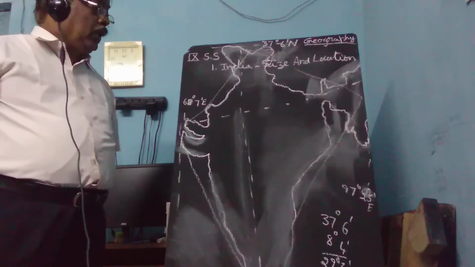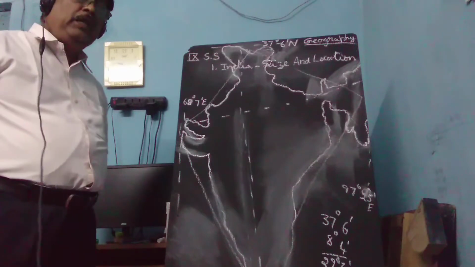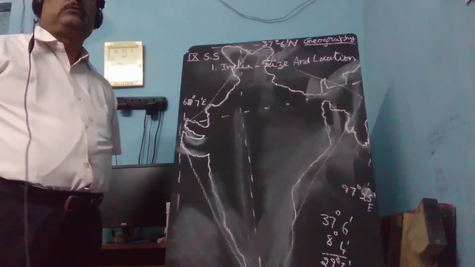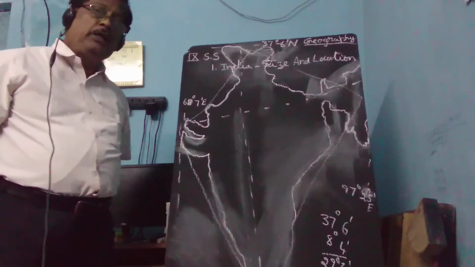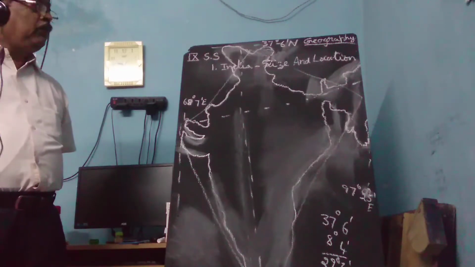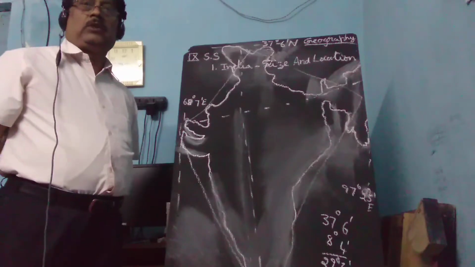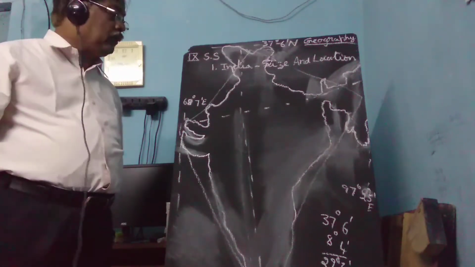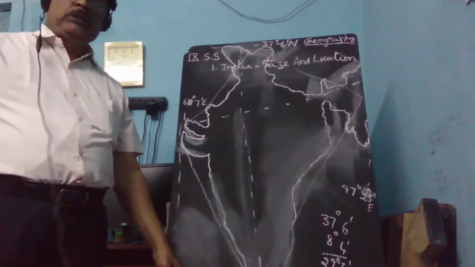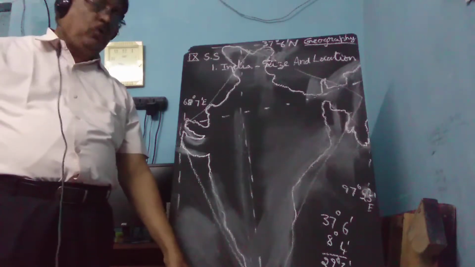Okay, children. Now you have to see how many latitudes are passing through India, and also how many longitudes are passing through India. The number of latitudes and longitudes passing through India is equal. How can we calculate that? Take the southernmost latitude of India, 8 degrees 4 minutes.